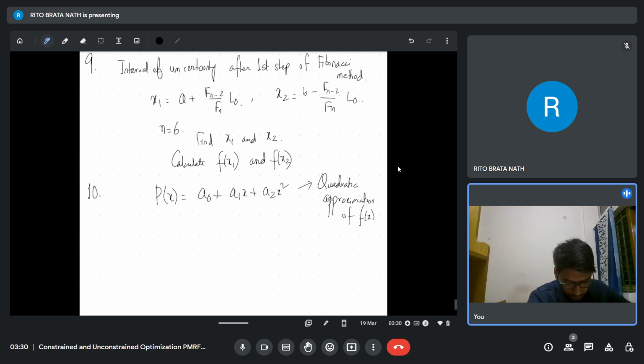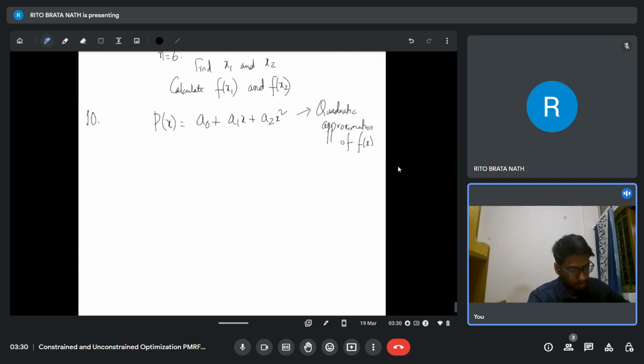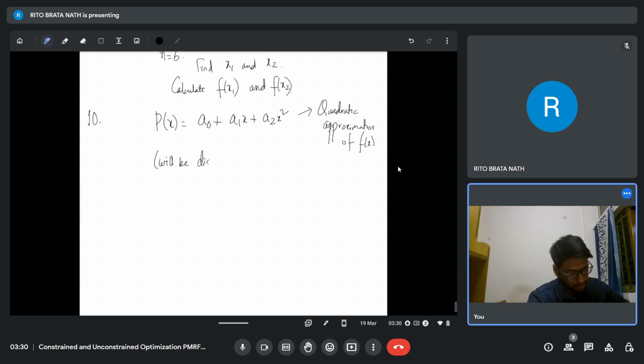Depending on the values of a1, a2, a0, you have to decide which one is required in the quadratic interpolation optimization method. Again, I think this is directly from the class, so you can solve it on your own. It's almost time, so I'll be discussing this in the next class.